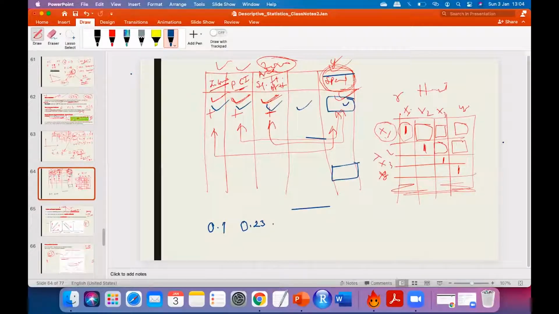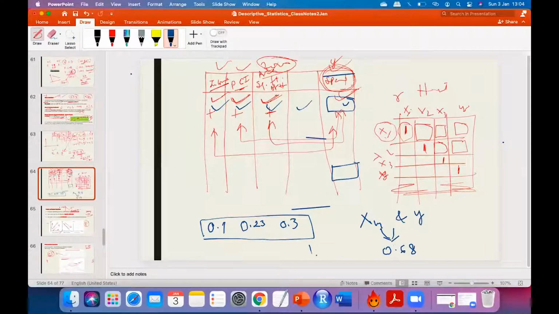So 0.1, 0.23, 0.3, like that. Understand? If all of the relationships are coming like that, and accidentally for another variable, let's say xn and y, this relationship came out to be 0.68. So this becomes relative, because all other relationships are very less, and this is coming out to be 0.68, close to 0.7.